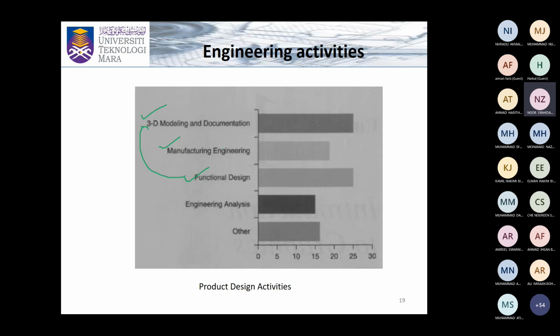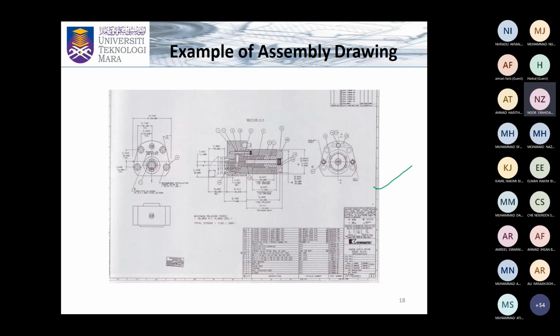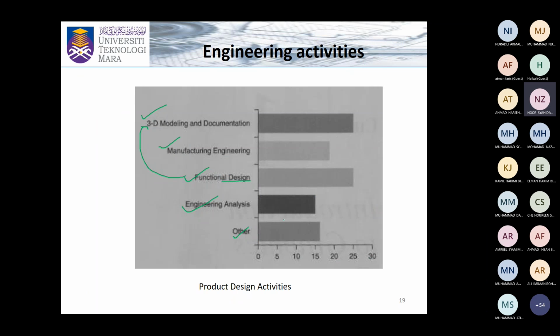Like I told you all, if you model a mask and you come up with all kinds of cool ideas, but actually it's not functional, it doesn't make sense. And then we have analysis and we have others. So what comes under others? You see under manufacturing and engineering, under packaging, distribution, marketing, plant simulation, they all come under the other activity. After sales service, they all come under the other activity.